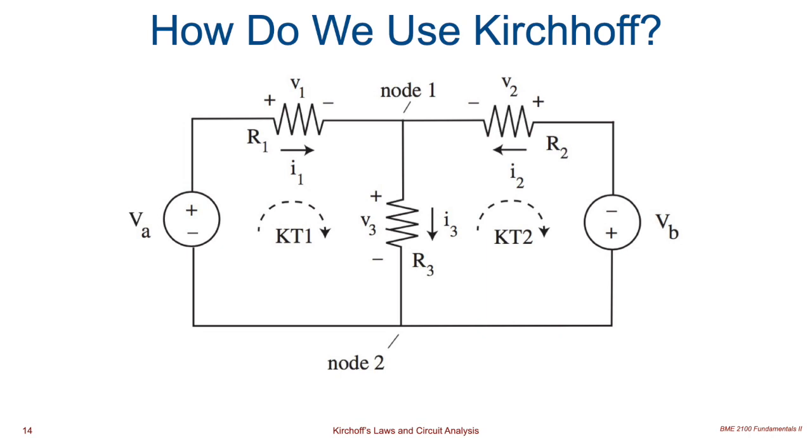This is the problem that comes out of your textbook. You can see there's these KTs, those are Kirchhoff tours. You can see there's nodes, node 1 and node 2. So that already gives us a place to start thinking about these tours we're going to make where we keep track of the voltage. We have current directions assigned here so we can keep the signs of those straight. I1 and I2 flow into that top node. I3 flows out of that top node.